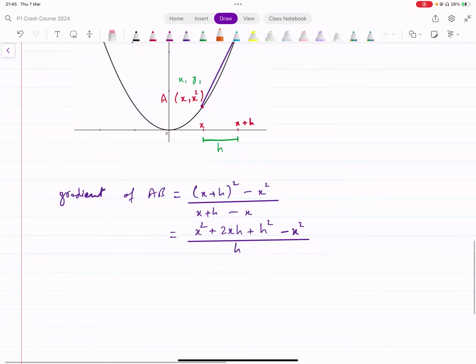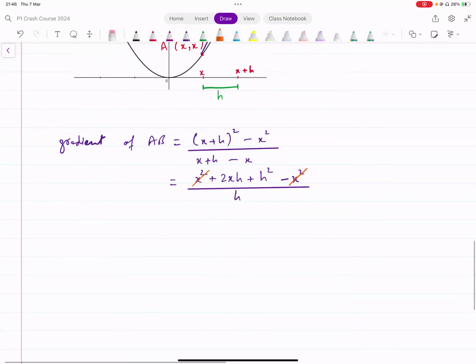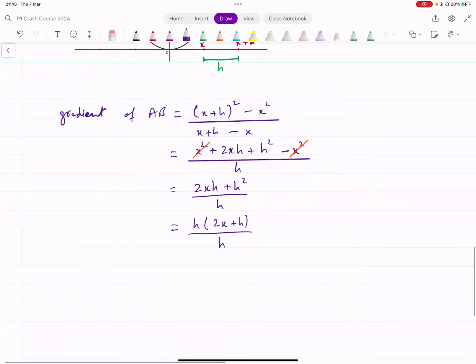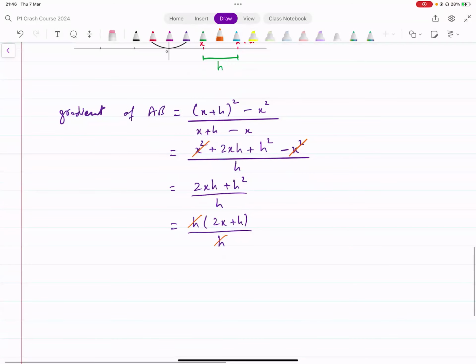Now, let's simplify this. x squared and x squared get cancelled. What are we left with? 2xh plus h squared divided by h. We can take h common in the numerator. That leaves us with 2x plus h inside. In the denominator, we have h. h and h get cancelled, and we are left with 2x plus h.